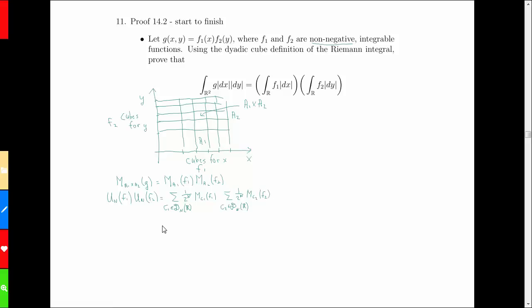And when I multiply these two things together, I'm summing over cubes that are Cartesian products, like that. And those are going to be dyadic cubes in R2.